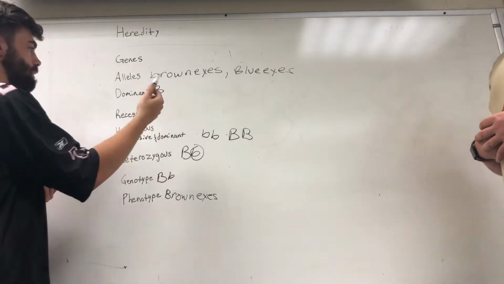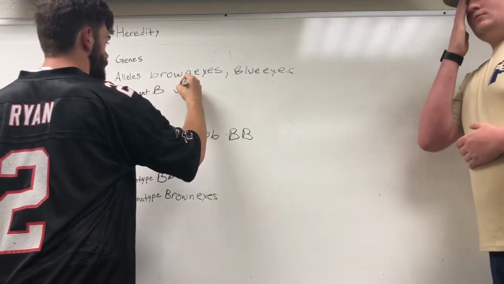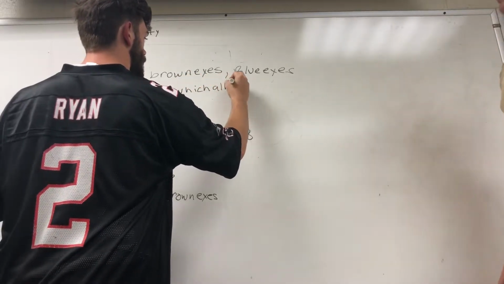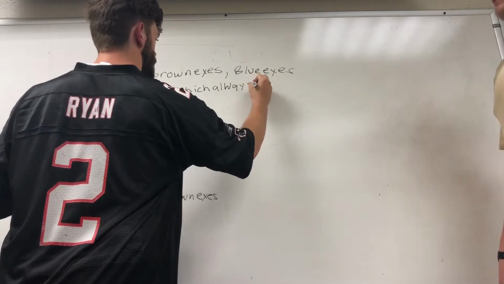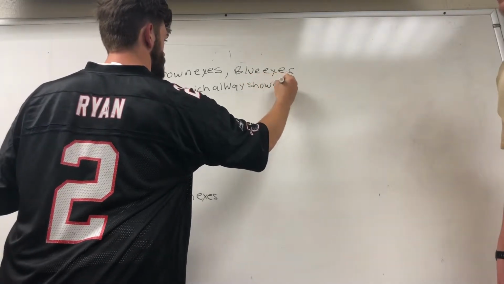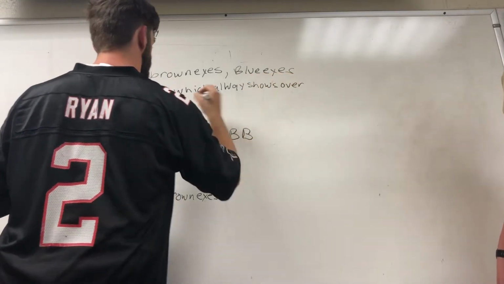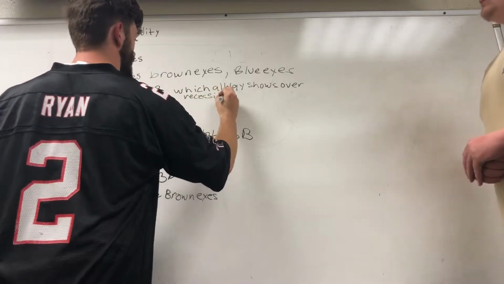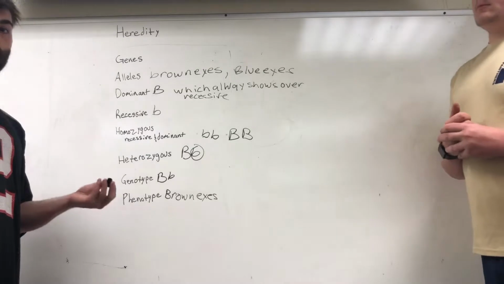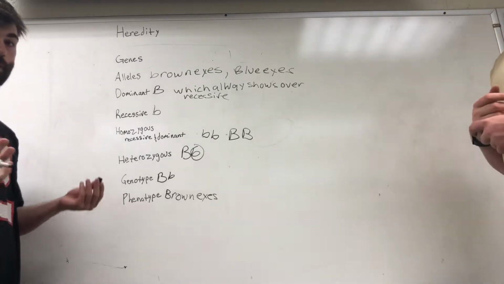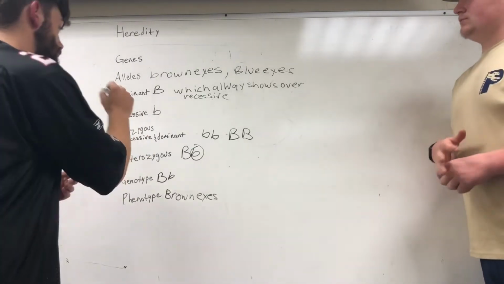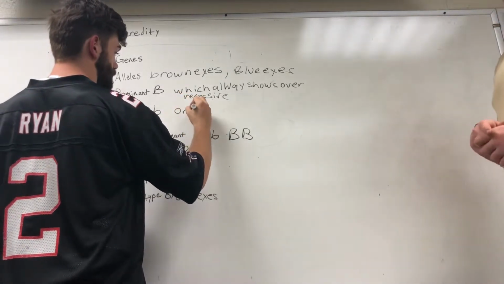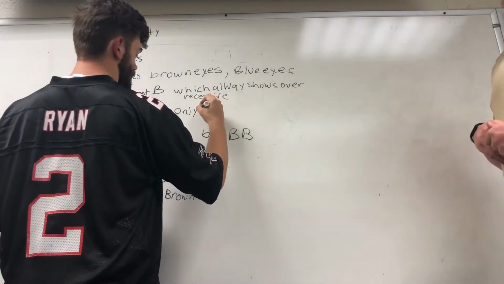The dominant would be big B, which will always show over recessive. And someone can have recessive and it not show up because they have a dominant trait but still carry the recessive. The recessive will only show up if someone is homozygous.